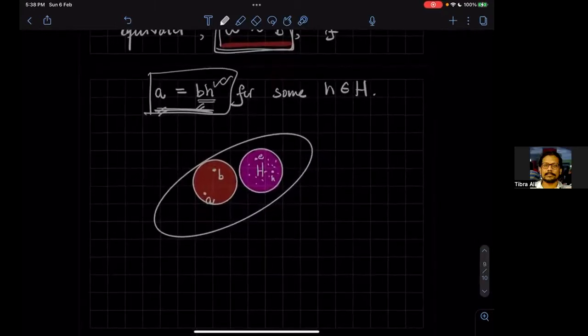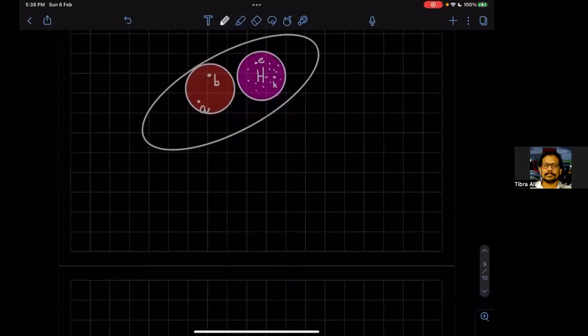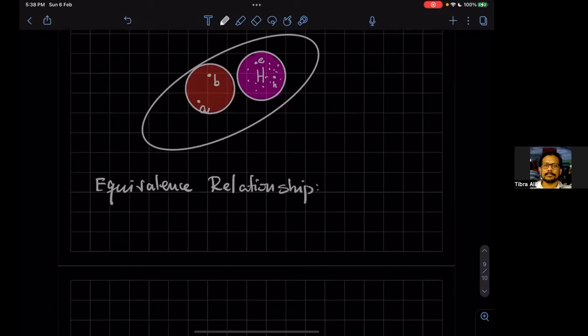All right, so this is a picture, and now let us prove that this is actually an equivalence relationship. An equivalence relationship will satisfy three axioms or three properties.